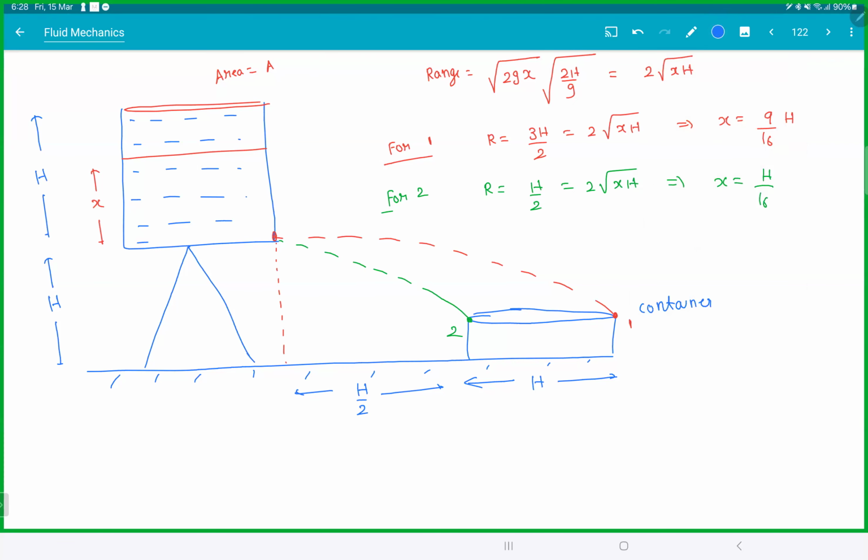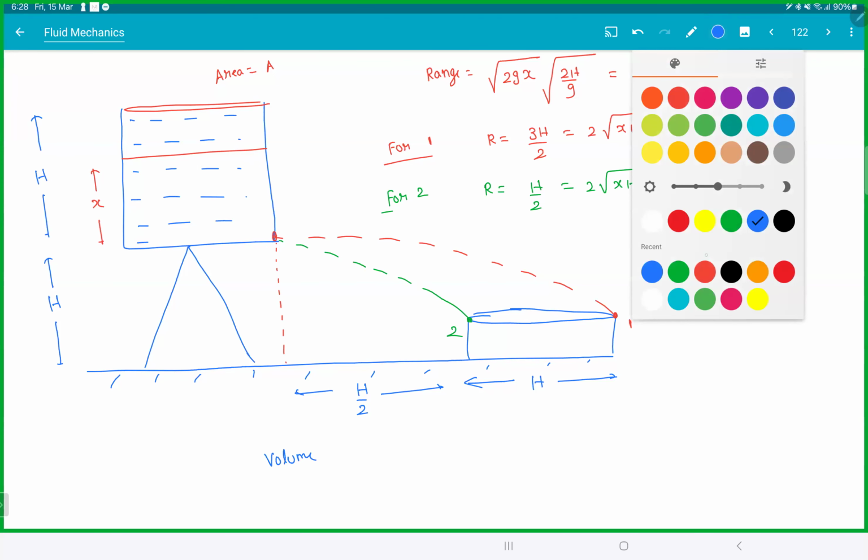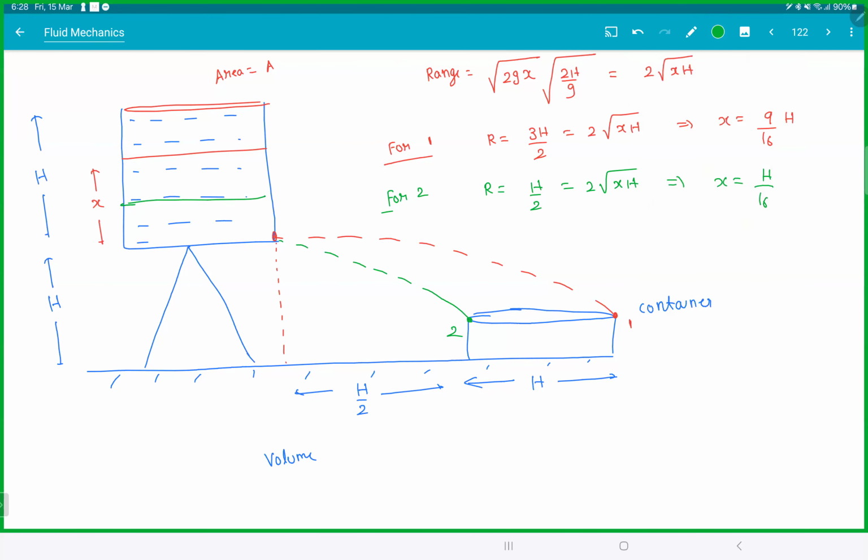So the volume inside the container will be, so we have two ranges, like all this water between them will be inside the container. Let's call this thing H1.